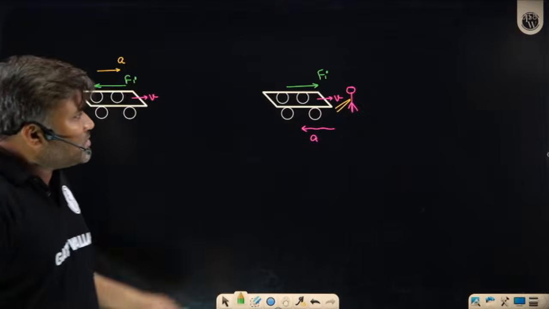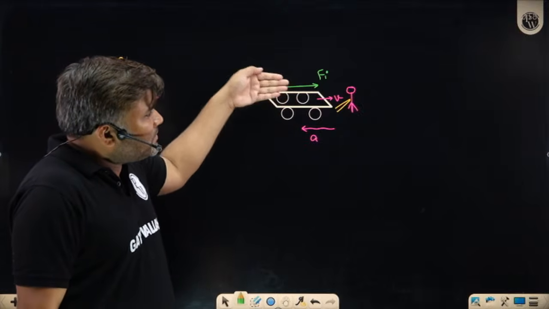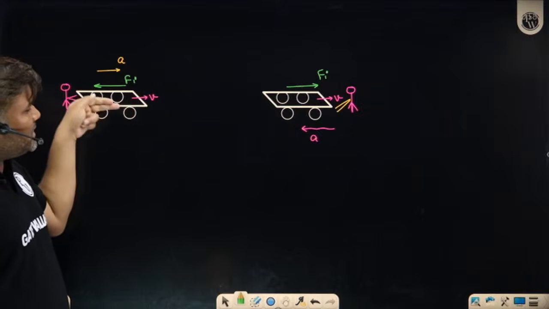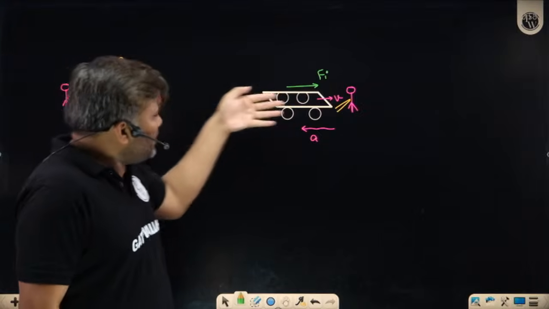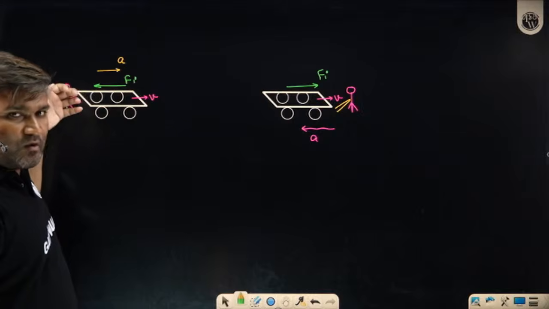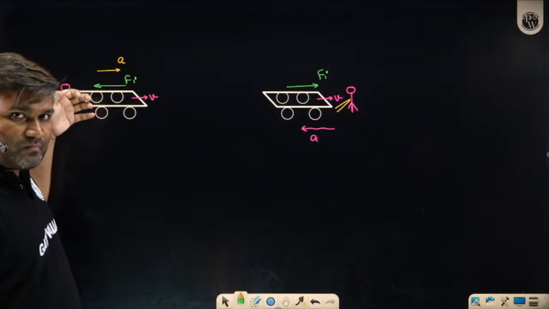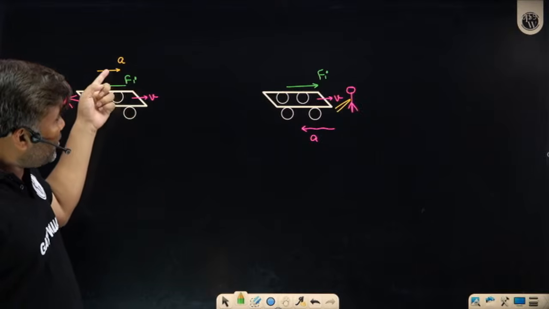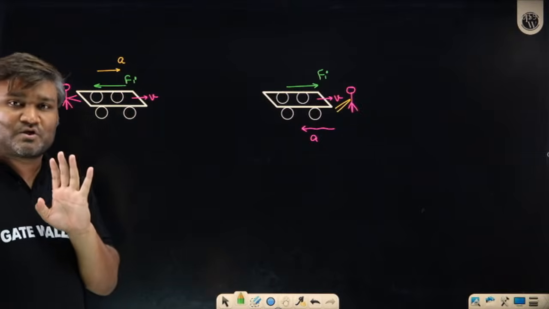Getting my point? So inertia force may be in the direction of the velocity, or in the direction opposite to the velocity. There is no relation with the velocity. Inertia force is always opposite to acceleration.